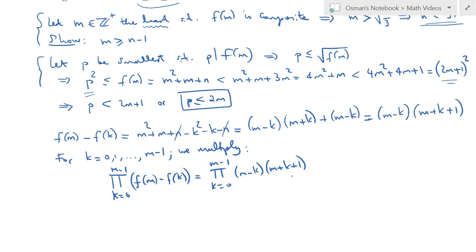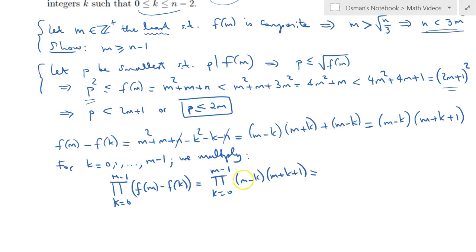Let's plug in some numbers and see if we can get the pattern here. So if I plug in 0, I get m here, and then I get m plus 1. So let me write that down, m times m plus 1. If I plug in 1, I get m minus 1 times m plus 2, and so on.